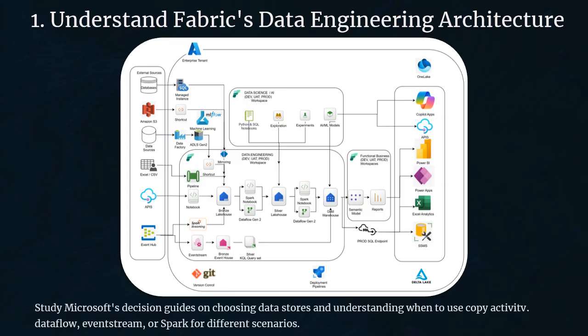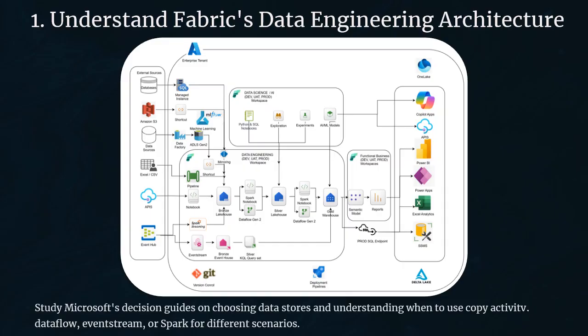The data itself flows from various sources, both batch and streaming, into the medallion storage layers, bronze, silver, and gold. As data moves through these layers, it's processed and transformed, improving quality, readability, and making it easier to analyze. To work effectively in Fabric, it's key to understand when to use the right tool for each scenario, such as event streams, event houses, Spark notebooks, pipelines, data flows, shortcuts, and mirroring.